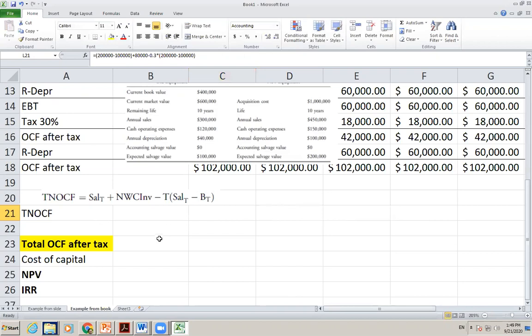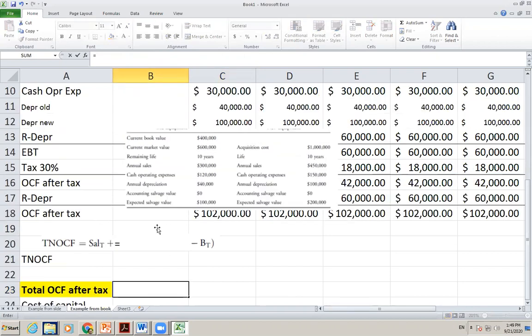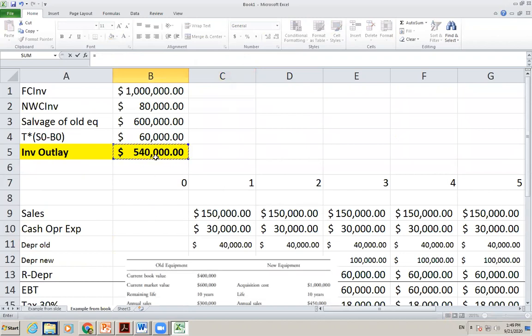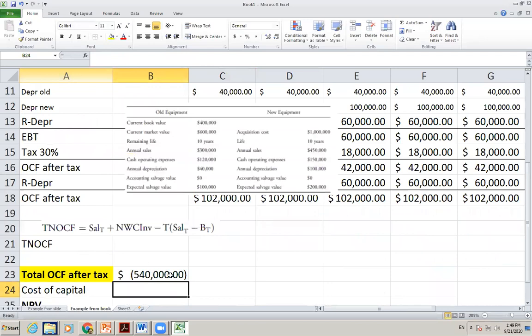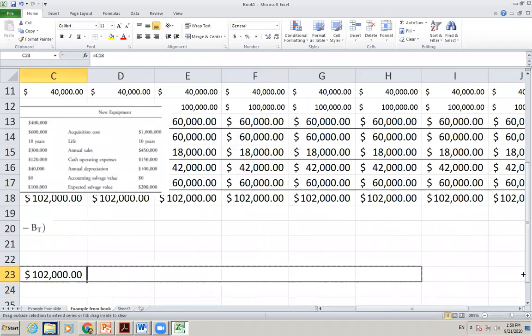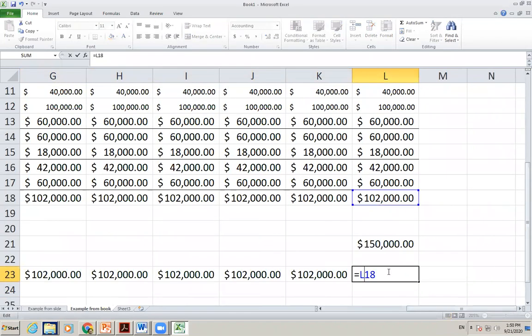Okay, our total operating cash flows are equal to this, but with a negative sign, and this 102, and with terminal operating cash flow.